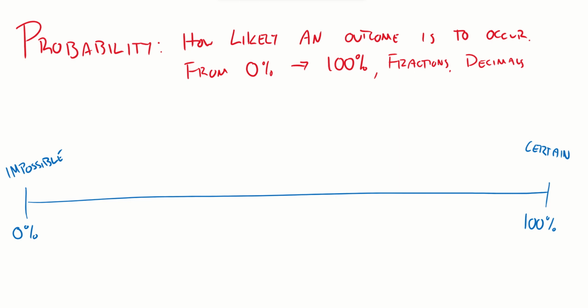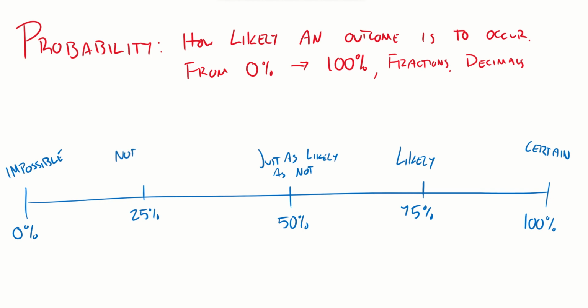Right in the middle, at 50%, we would call just as likely as not. Here at 75%, we would call likely, and here at 25%, we would call not likely.